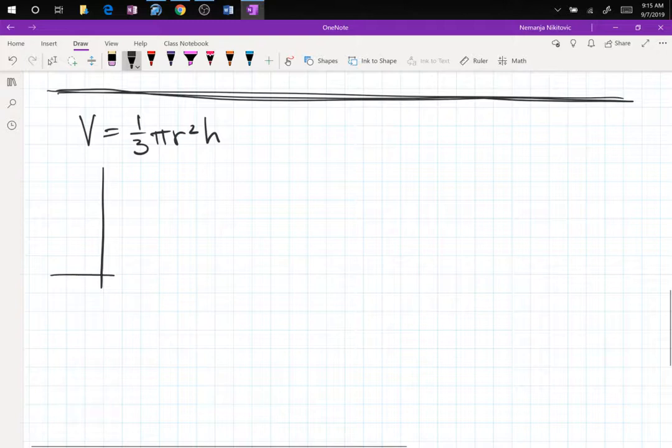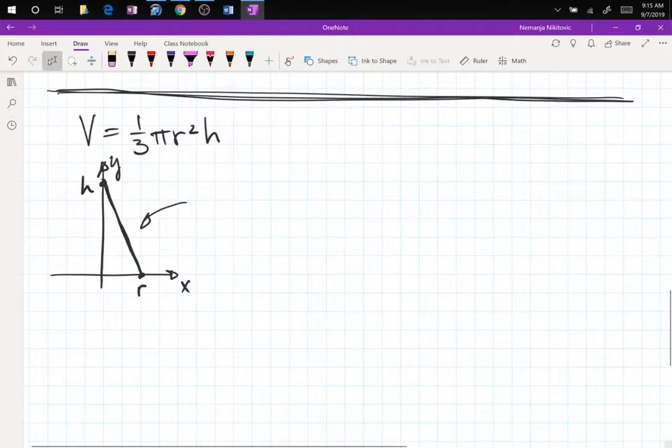You immediately draw an x and y coordinate system. You set up the integral, and there you go. You know that it will stretch r units out, and it would be h units high. Now we need this formula because it will rotate around the y-axis.